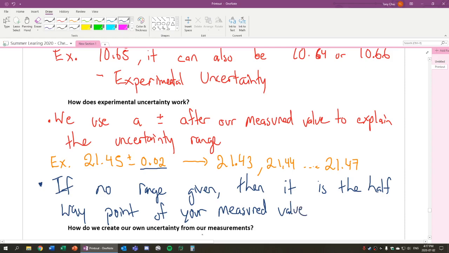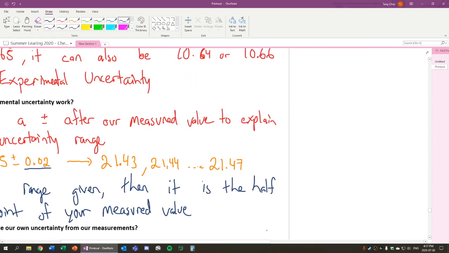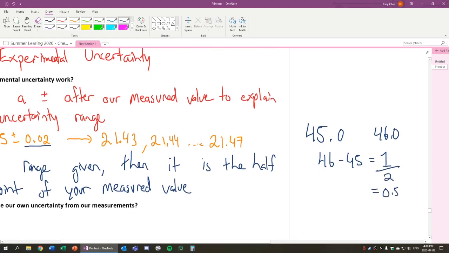Now, what does that one mean? Well, say for example you measure something to be 45.0 and 46.0. How do you find what the halfway point is? Well, if you take 46, take away 45, you get 1. Now to find the halfway point of this, you divide that value in half, which means it's 0.5. So your range ends up being 0.5.